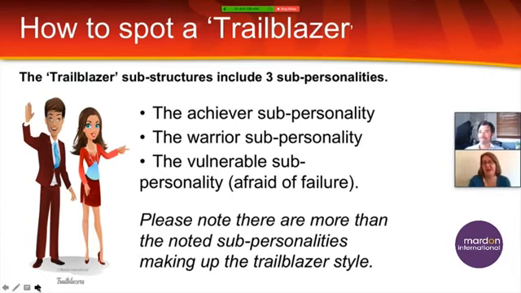Now, the area where they can sometimes have challenges is the opposite aspect in the Trailblazer, that they're very vulnerable. Part of the Trailblazer has such assertiveness and such drive in order to protect this vulnerable part of themselves.